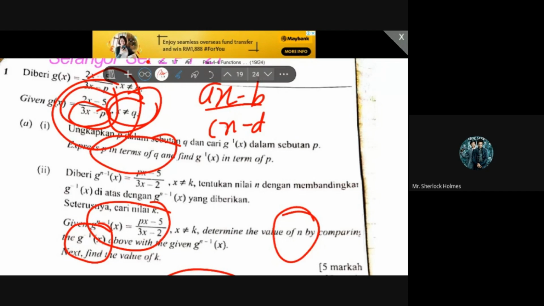You can share. Very short working only. Tak perlu fikir banyak-banyak. Anyone? Try only. Just tell one n value. What is the n value here?